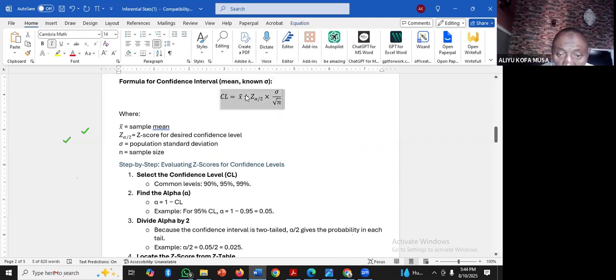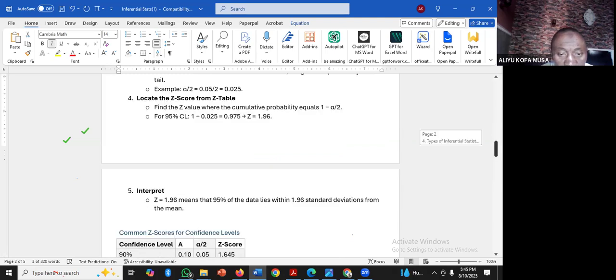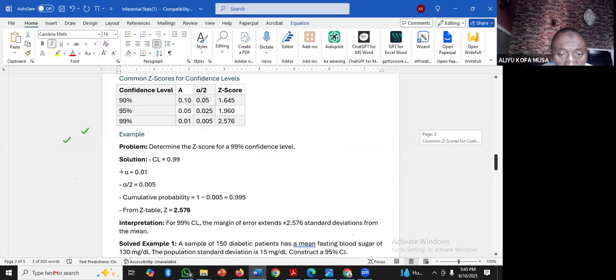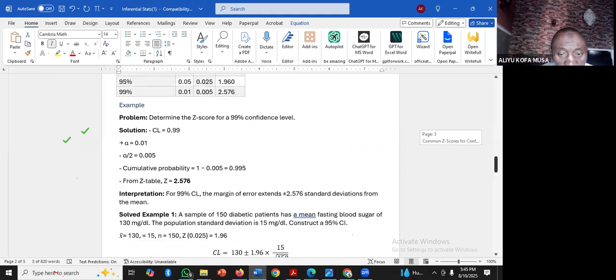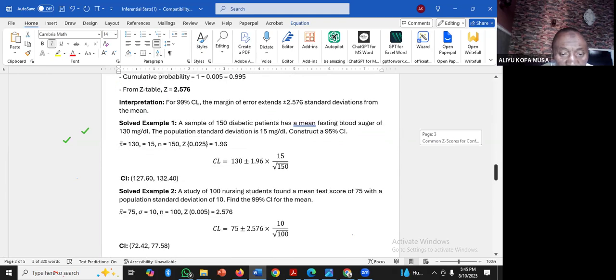It's x bar plus or minus z alpha over 2 times sigma all over root of n. So the first thing to do is you add 1.96 to 130.